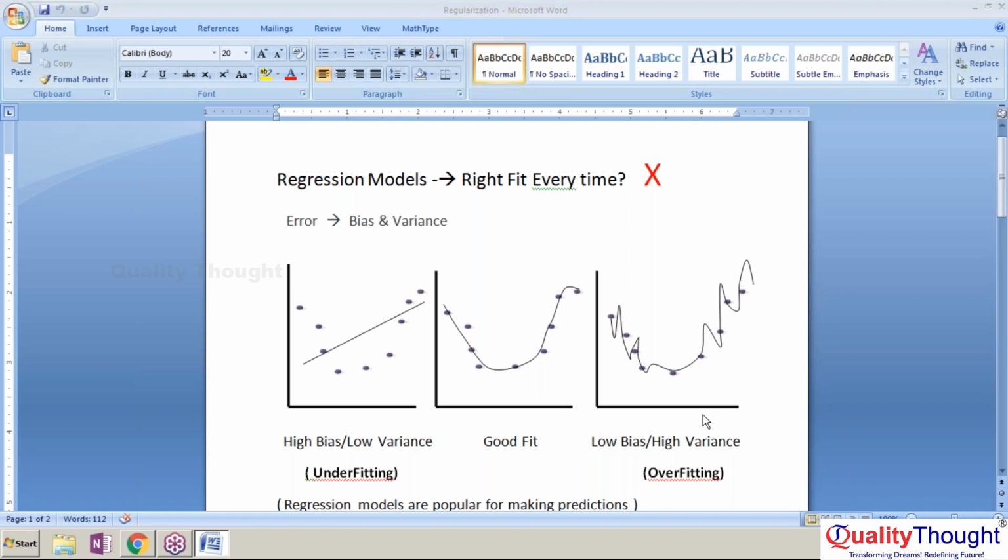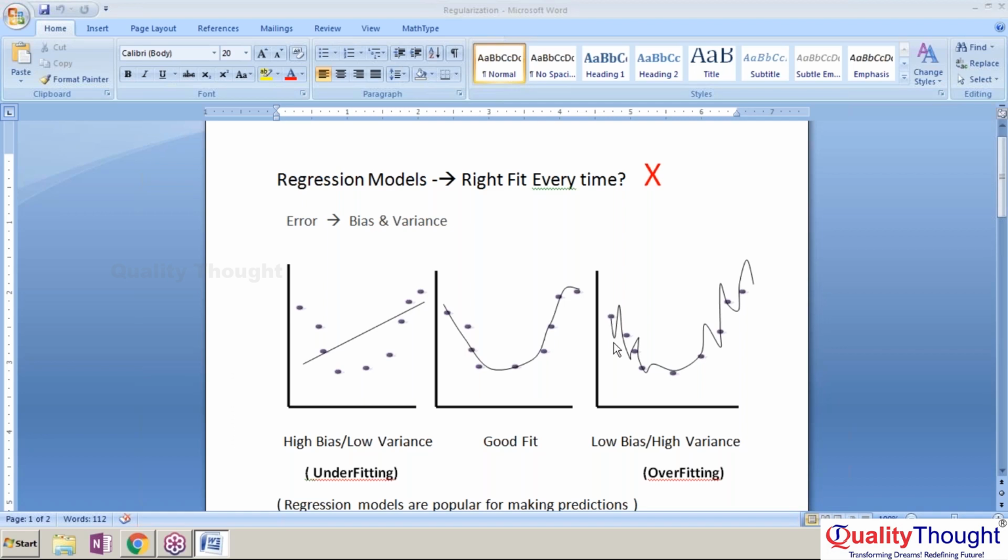Why? Because of this particular line. In the very first figure, the distance between the points and the plotted regression line is large, and the sum of squares of error would be higher. So obviously that shows a lot of bias.